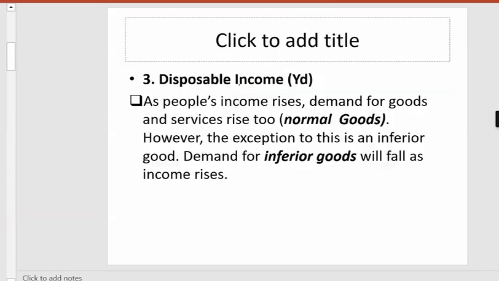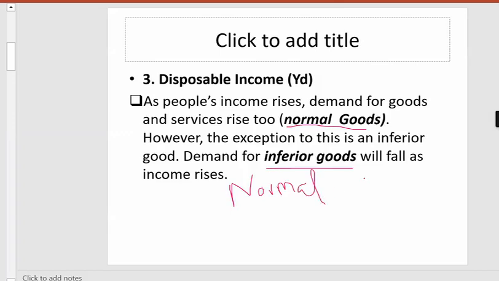Another factor that can affect demand other than price, we said what? Income. The higher the income, it depends. In the case of income, we have normal goods, luxury goods, or inferior goods. This is very important. When we talk about income, we talk about normal goods or inferior goods.